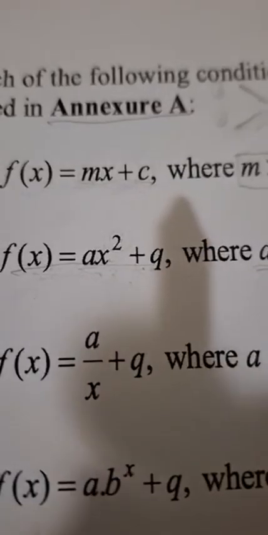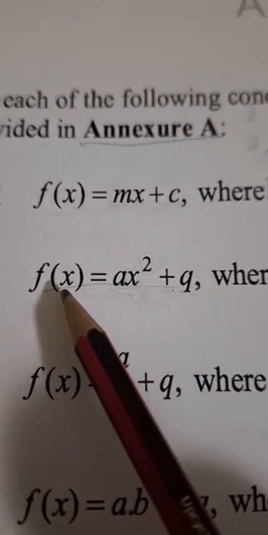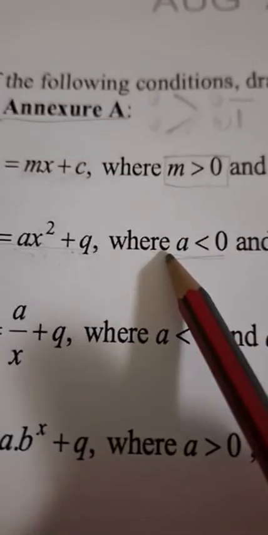F of x is equal to ax squared plus 2 is a parabola or quadratic function. Okay, now let's look at the information we are given. They're saying we must draw a rough sketch of this function where a is less than 0 and q is greater than 0.